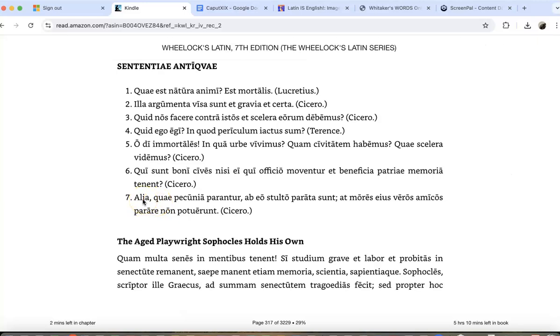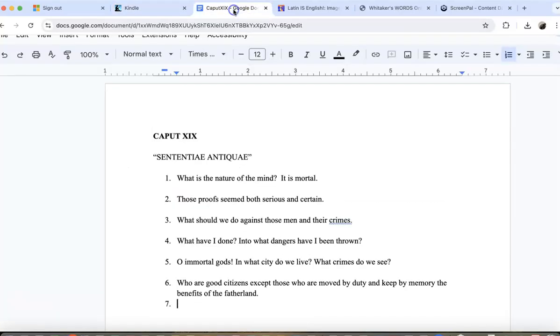All right, moving on to the last one. So here we have alia, which means some things or other things. Alia quae pecuniae parantur ab eo stulto parata sunt, at mores eius veros amicos parare non potuerunt. Once again, this one is not tricky, but it's going to require slowing it down.